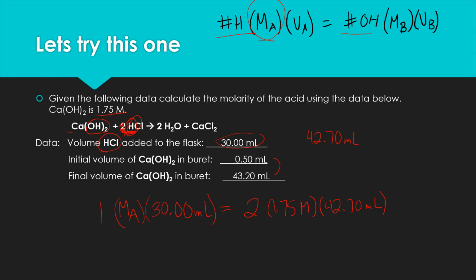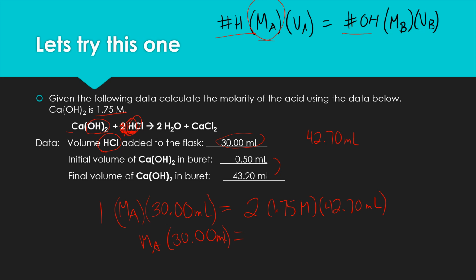So let's take a look and go ahead and do our calculation here. We've got on the left 1 times 30 milliliters times our molarity of our acid. So we have just molarity of acid times 30 milliliters. We'll simplify that. On the right side, we have a little calculation to do.